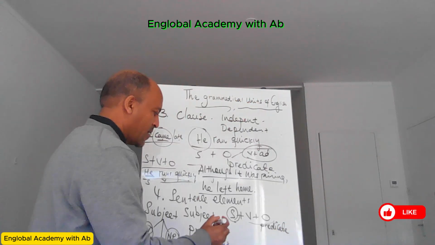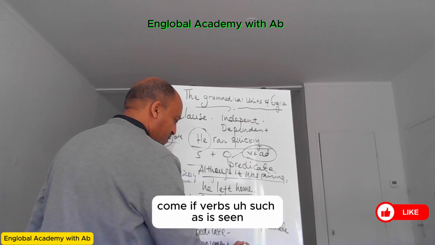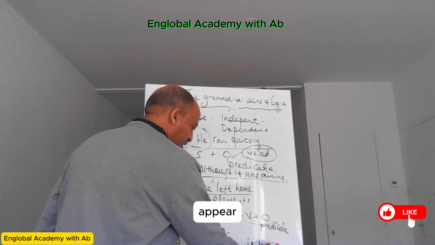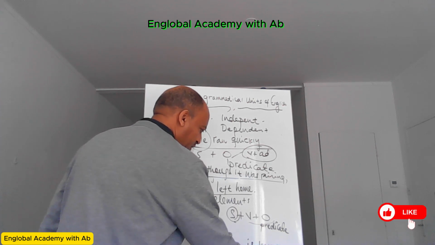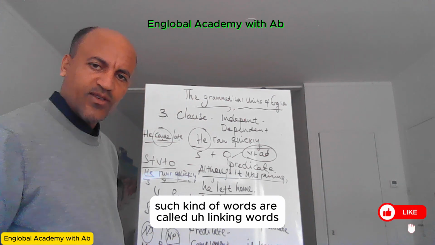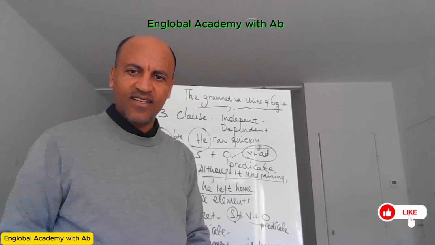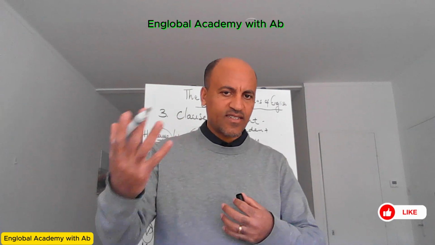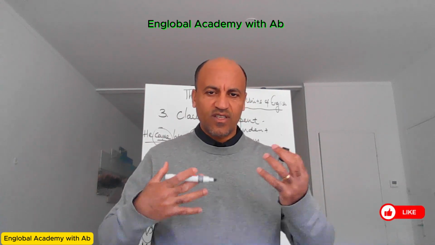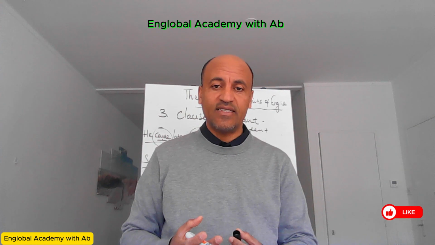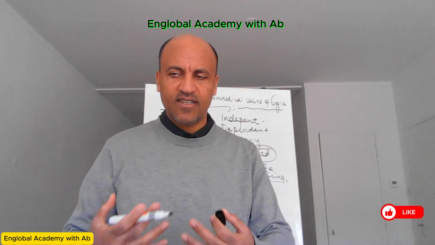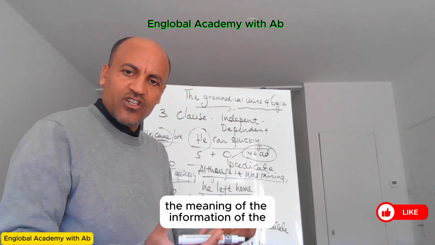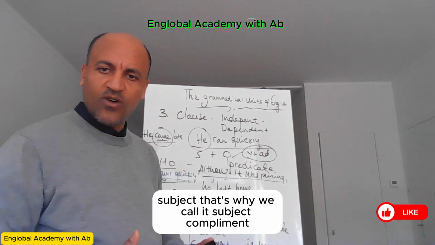For example, verbs such as is, seem, appear, sound, feel are called linking verbs. Linking verbs link the subject with its complement. So the word used as a complement is a subject complement. It's called a subject complement because it completes the meaning of the information of the subject.